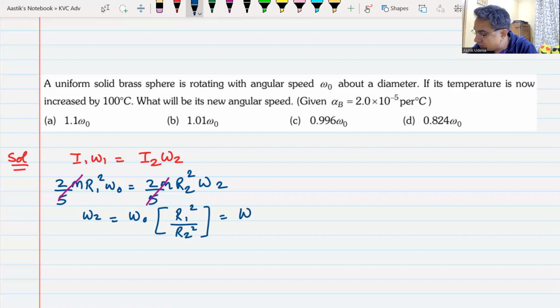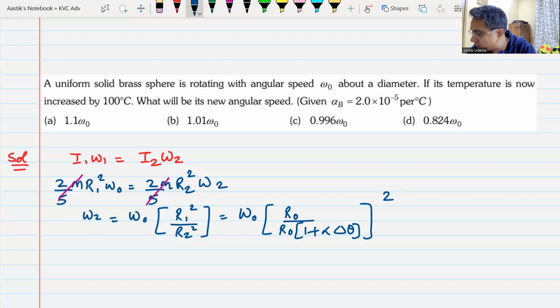You just had to use R1 as, let us say, R naught, and R2 as R naught into 1 plus alpha delta theta, and this square. So this gets cancelled. Now you can take it into the numerator and it becomes 1 minus 2 times alpha delta theta. I have applied binomial expansion.